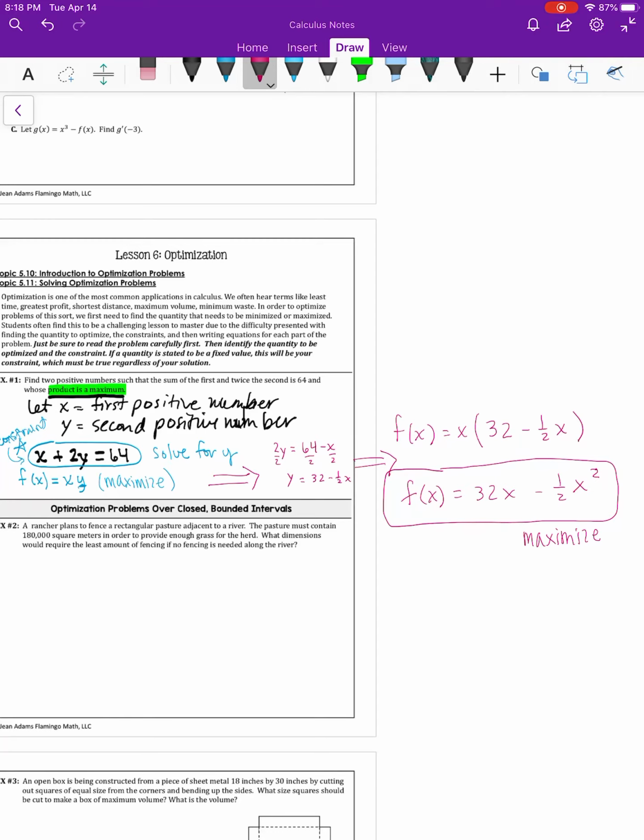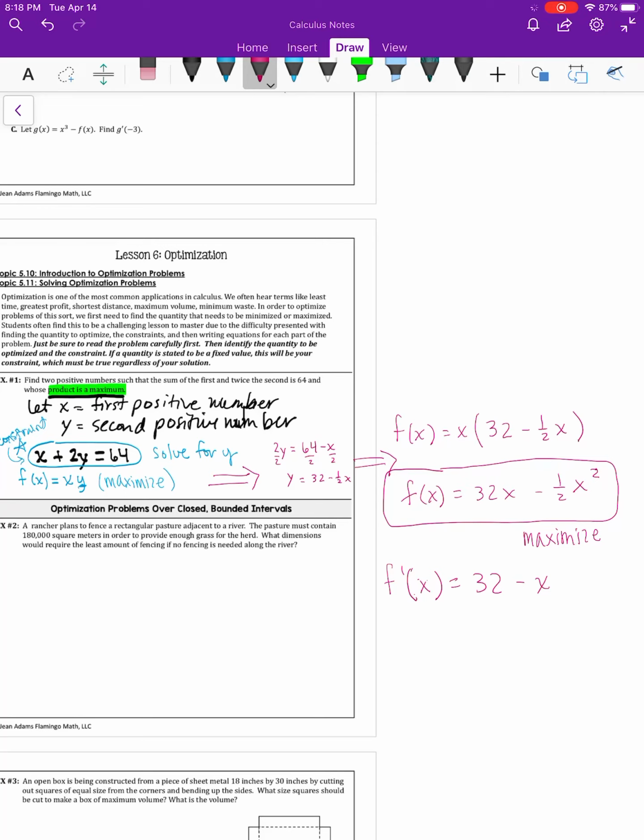You know how we found critical points and then we looked to see which one was a max and which one was a min. Using our sign chart, going from plus to minus would be a max, minus to plus would be a min. We're basically doing the same thing here, but we want to make sure we're going to maximize. So we're going to find the x value that maximizes it.